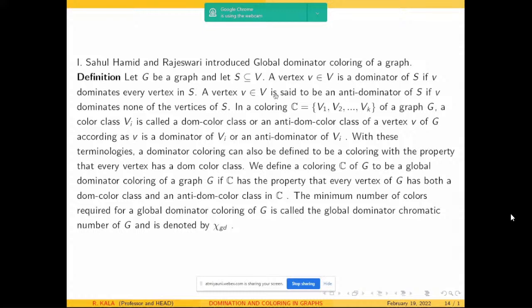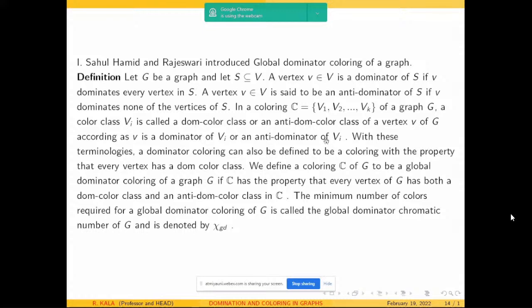A vertex V is said to be an anti-dominator if V dominates none of the vertices of S, so it is not adjacent to any of the vertices of S. Now, if I take a coloring V1 to Vk, a color class will be called a DOM color class if I have a vertex adjacent to all the vertices of Vi, and it is called an anti-DOM color class if a vertex V is not adjacent to any of the Vi.